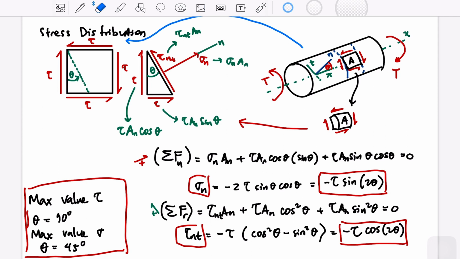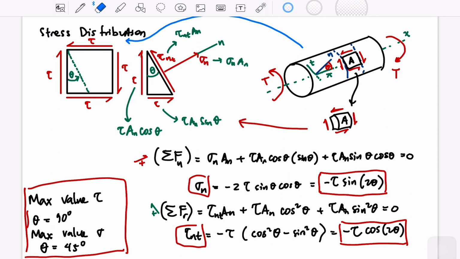So we can rewrite the sigma using the tau that is defined in the picture, using sine 2 theta, and we can rewrite the tau, the internal one within the bar, as negative tau cosine 2 theta.